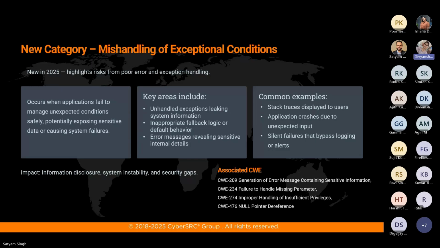Next is inappropriate fallback logic or unsafe default behavior, where in some applications and servers, there is default information that has been stored and is shown to the user. That should not be the case.